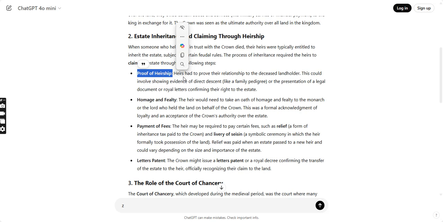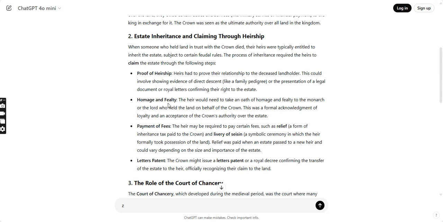Proof of heirship. Heirs had to prove their relationship to the deceased landholder. This could involve showing evidence of direct descent, like a family pedigree, or the presentation of a legal document or royal letters confirming their right to the estate.